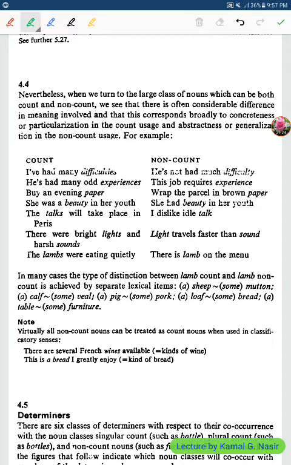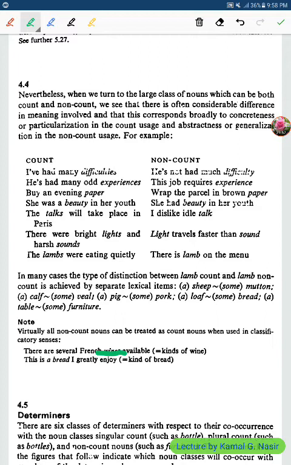Also read what is related to these examples in the note. Some nouns. For example, there are several French wines available. Here wines is what? It should be non-countable.